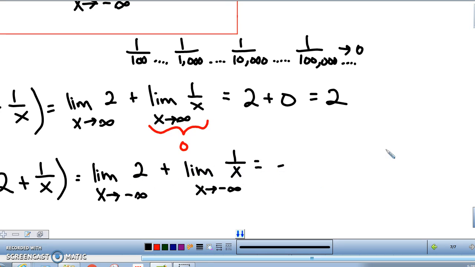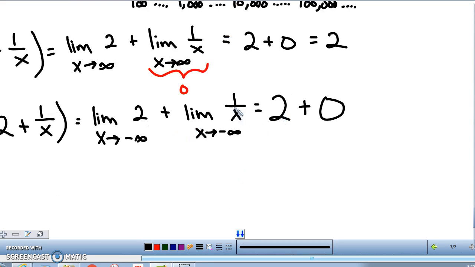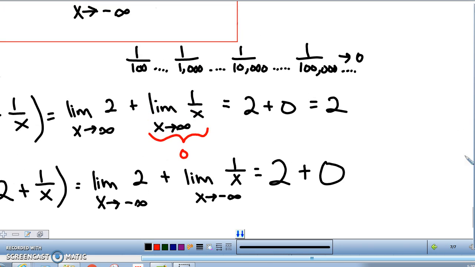Okay, once again, this is 2. So 2 plus 0. Now again, x approaching negative infinity, it's still going to be 0. It's the same idea, except now we're adding negatives here, negatives, negatives, negatives.